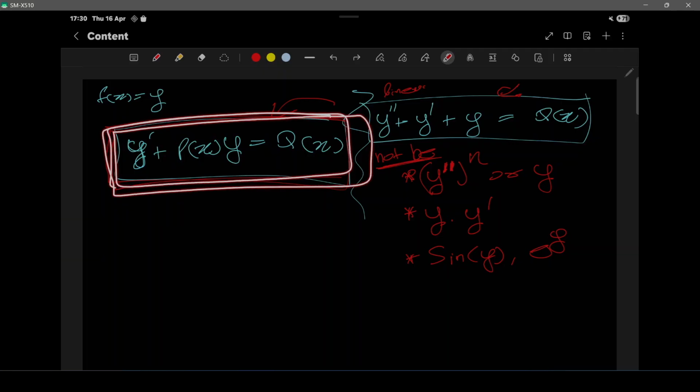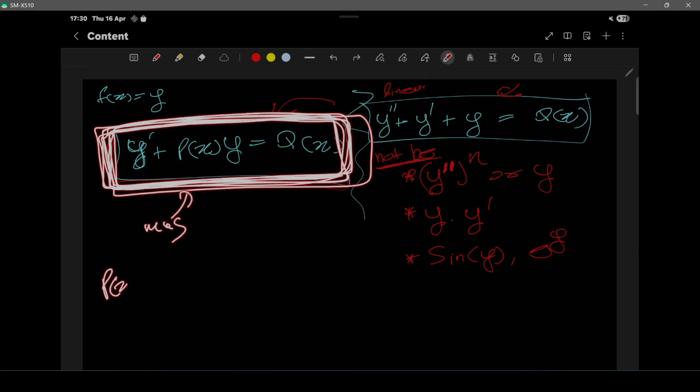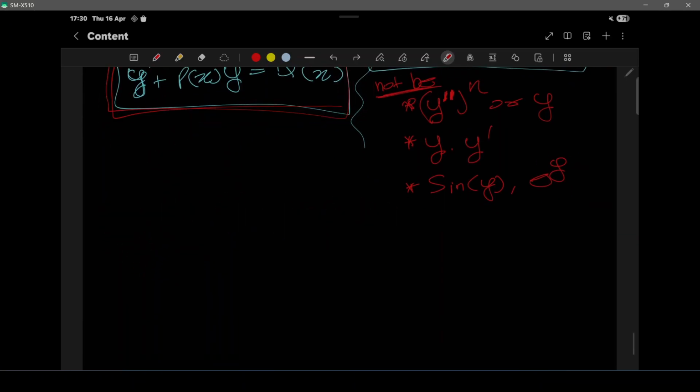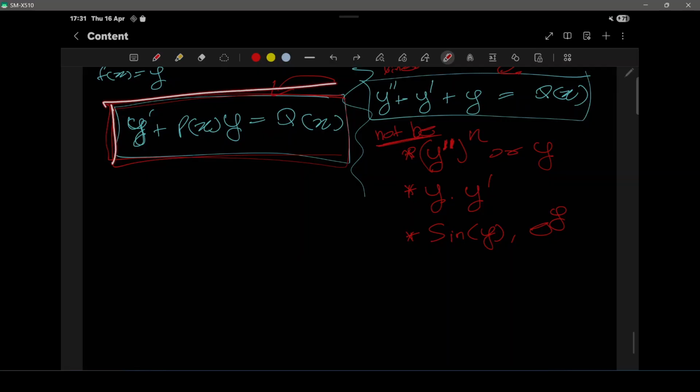You should remember this exactly to solve the equation. If there is some p x in front of y dash, you have to divide the whole equation by it, because we are deriving our solution that way.